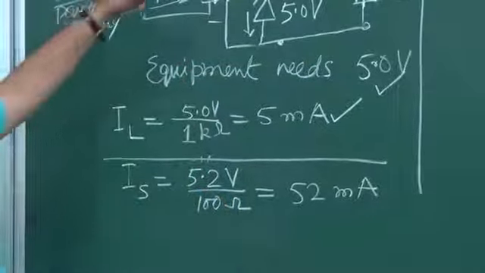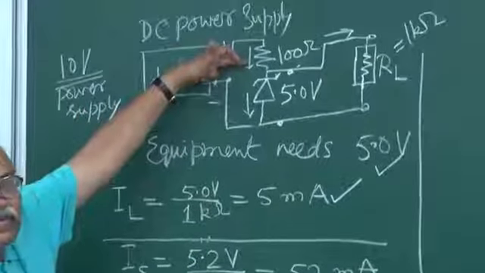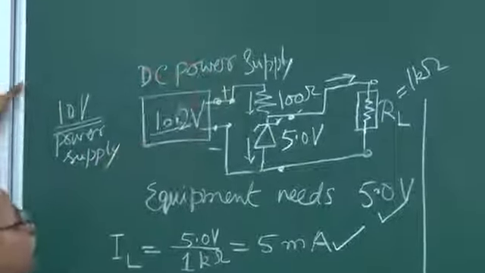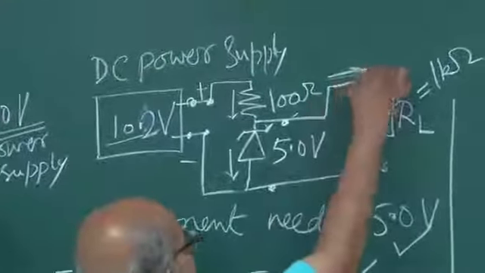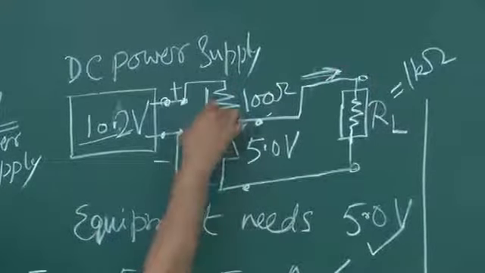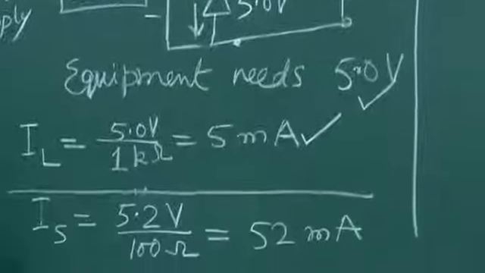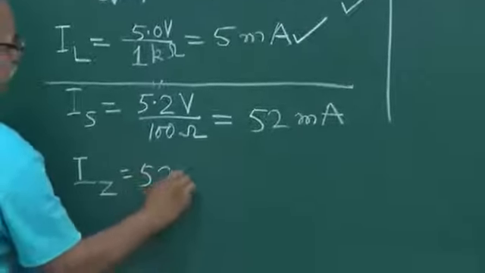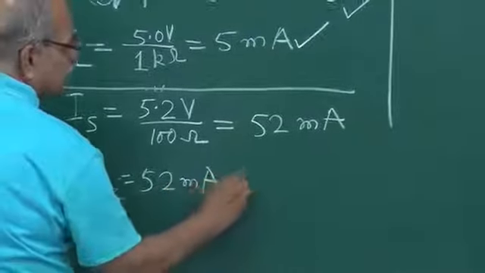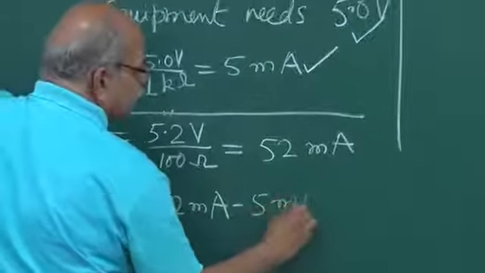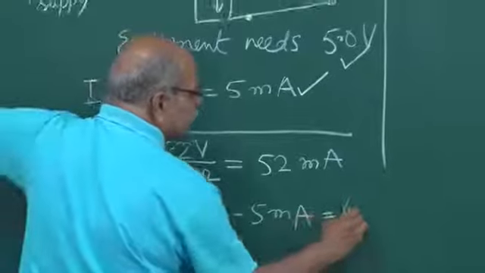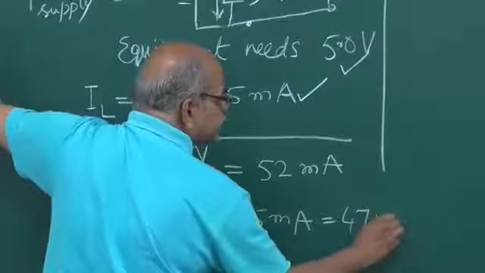So this current is now 52 milliamperes, and this is 5 milliamperes. So how much is the current here? IZ is equal to 52 milliampere minus 5 milliampere, and that is 47 milliampere.